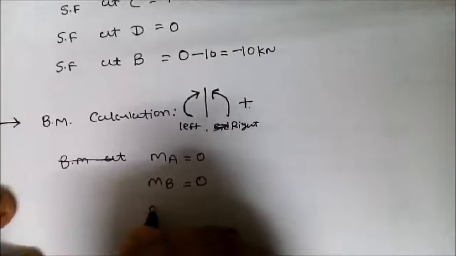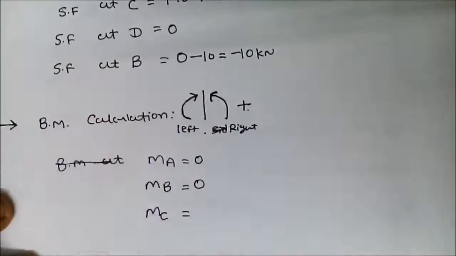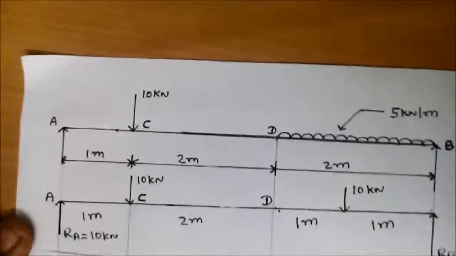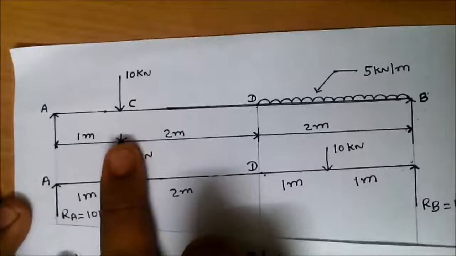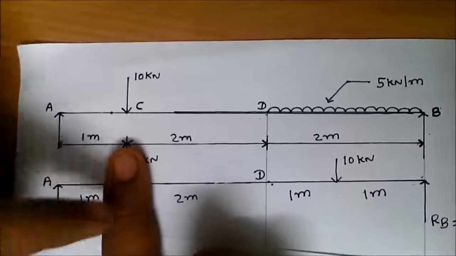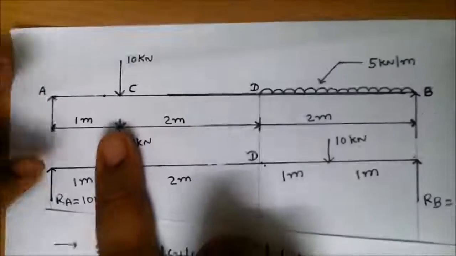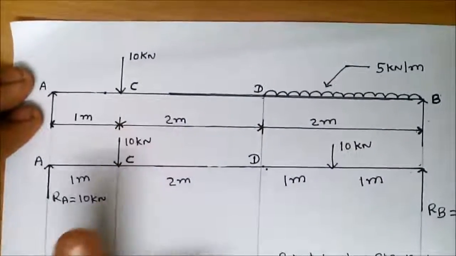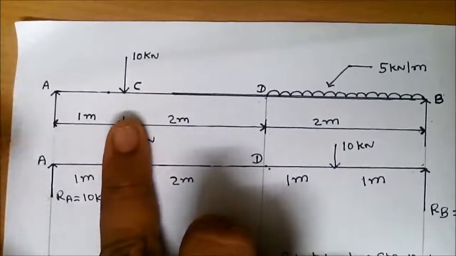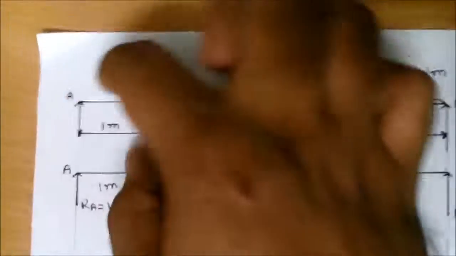Then finding bending moment at C. So again hide this point. Then see, on the left side only one force and on the right side there are two forces. So taking moment from the left side, this moment goes in the clockwise direction.